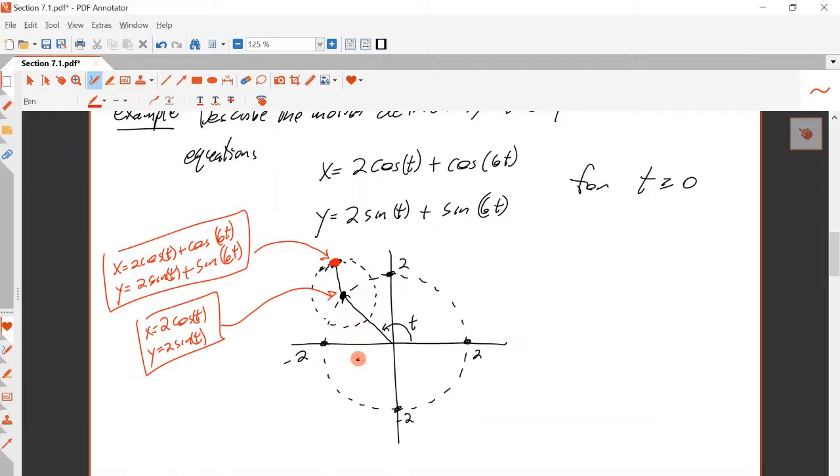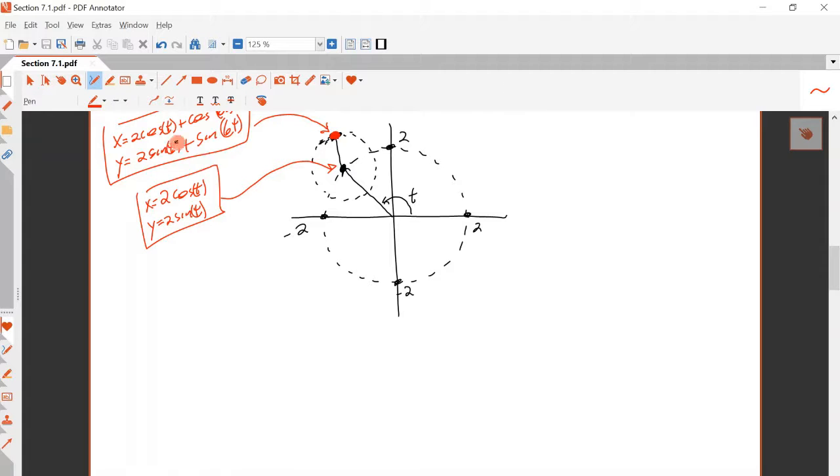How many loop-de-loops you make going around the circle once depends on the 6, whether it's 6t or 7t or something like that. But anyway, I took the time to graph it, and this is what you actually get. The curve defined is this.